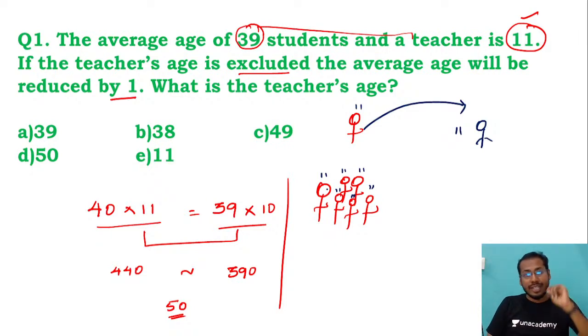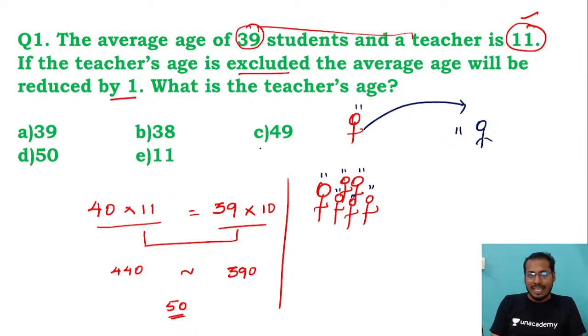If the average is increased by 1, everybody will be increased by 1. If the average is decreased by 1, everybody inside the group will be decreased by 1. If the average is increased by 5, everybody inside the group will be increased by 5. Okay, this is the secret of average.